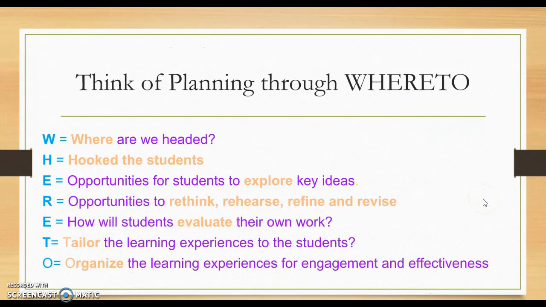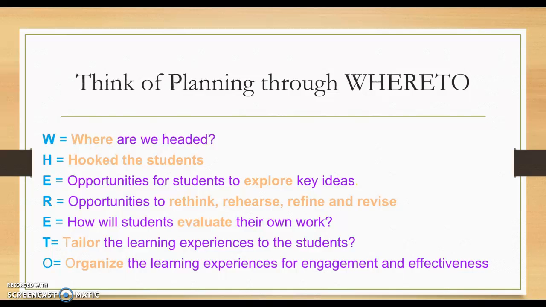So as we're planning these learning experiences, we want to use the Where To acronym to guide teachers on where to focus their efforts. These are some good things to consider and keep in mind as you are planning. So taking a look at each of these, with the W, you're talking about where.